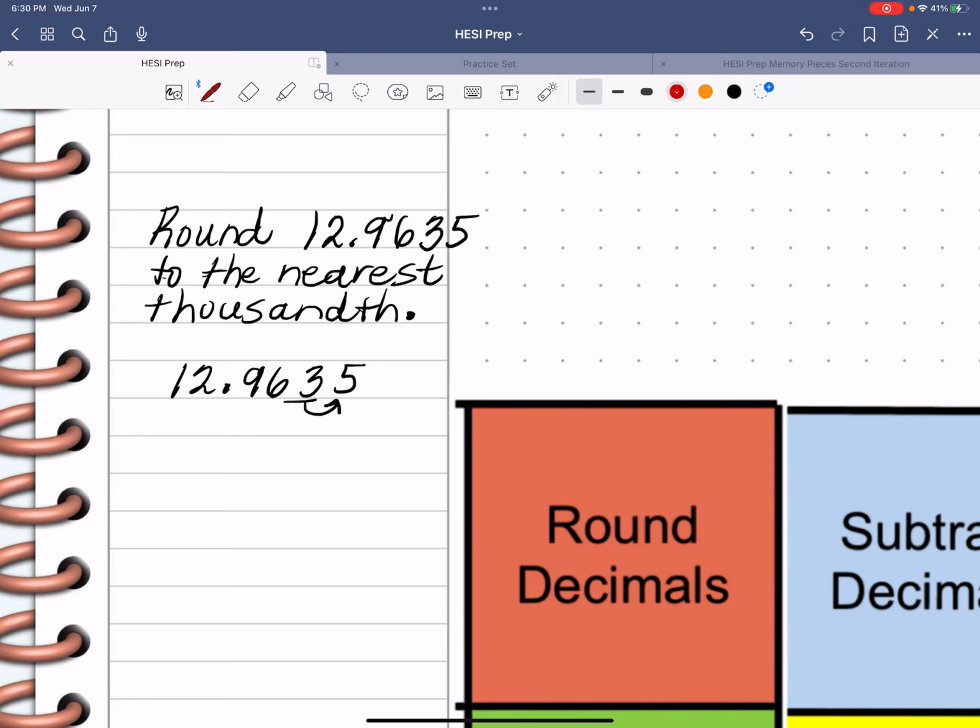So the 3 becomes a 4. And then the other numbers in front do not change. Anything after that 4 becomes rounded, or in this case, drops away. So to the nearest thousandth, you would have 12 and 964 thousandths.